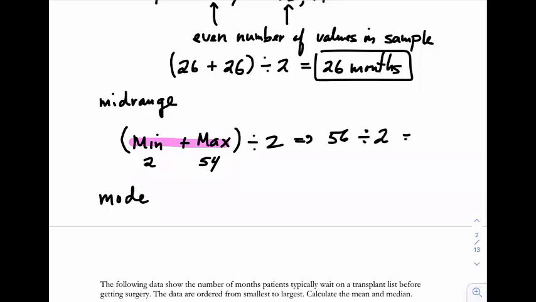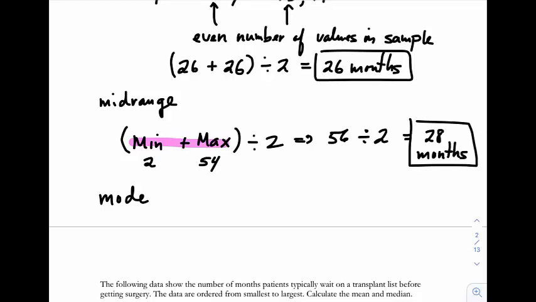So 56 divided by 2 is 28. More precisely, this is 28 months. Okay, 28 months is the mid-range.